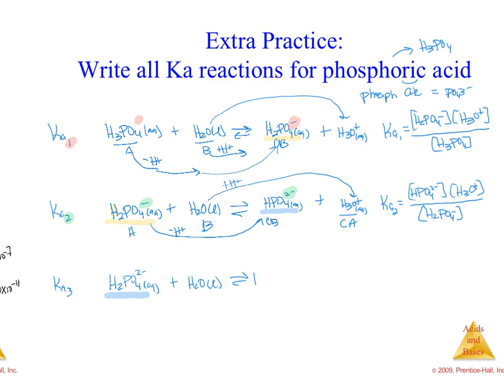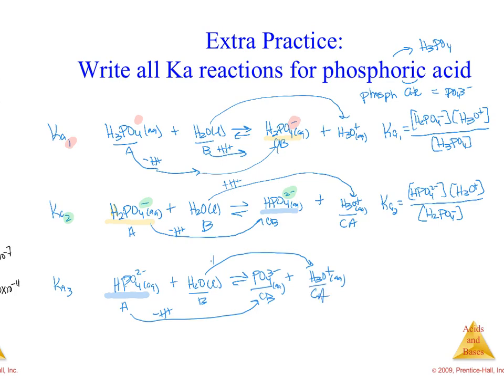Let's erase that. So HPO4 2 minus in equilibrium, and I'm forming PO4 3 minus plus hydronium, both aqueous. So again, I have my acid donating a proton to make the conjugate base, so losing a proton, and my base forming the conjugate acid, so gaining a proton.